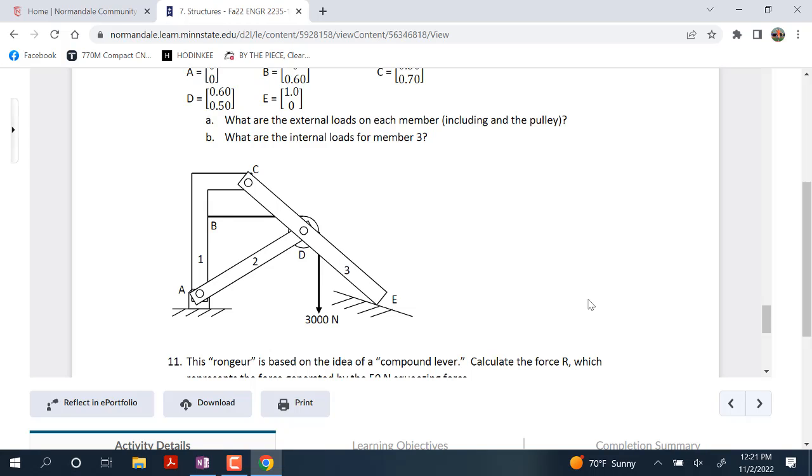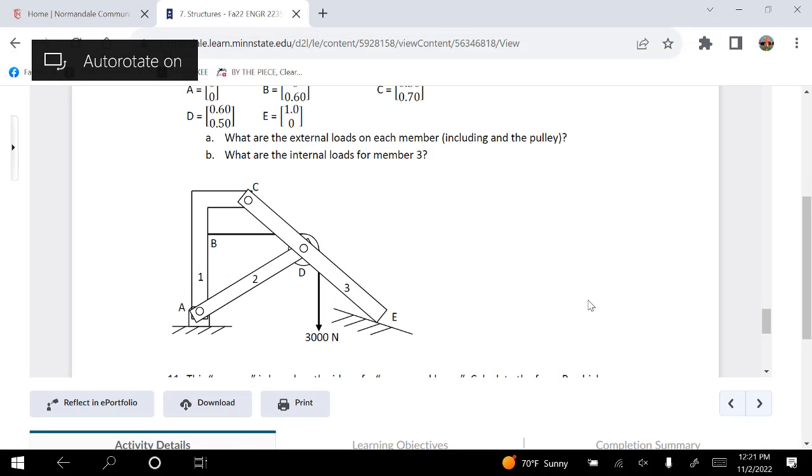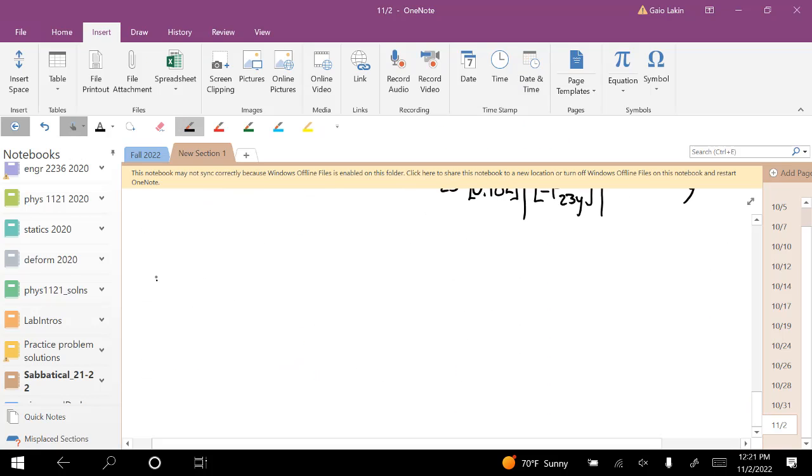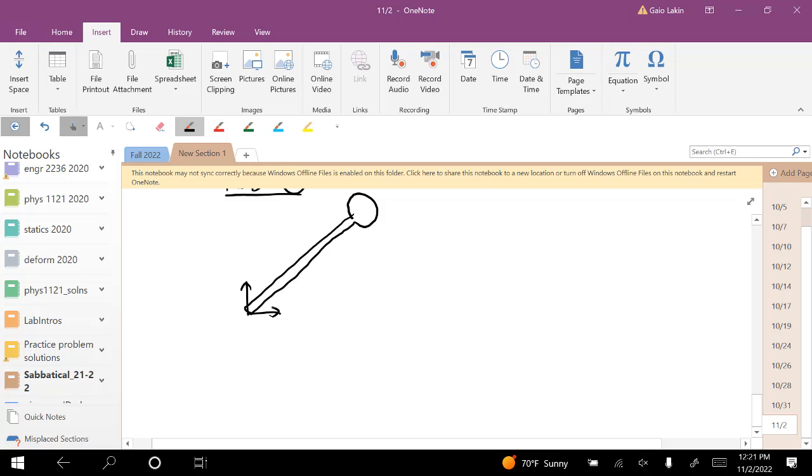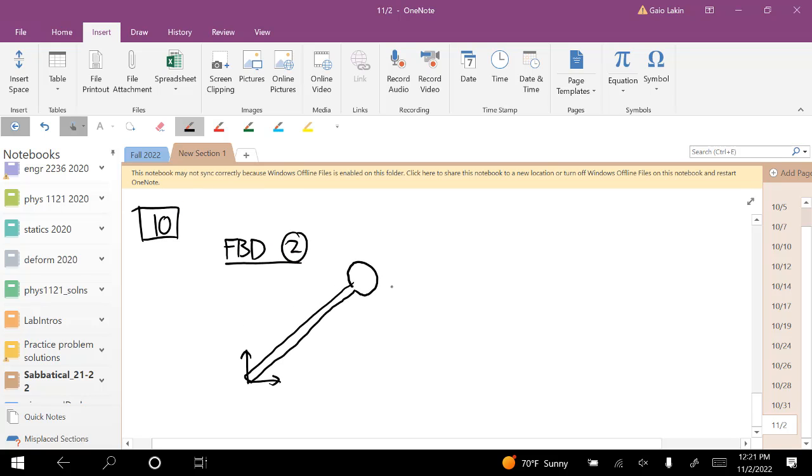let's see. Okay, so number 10. If you include it on body 2, you'd have the forces down here, and you'd have the forces here, I guess I can go look at what those are in a second.